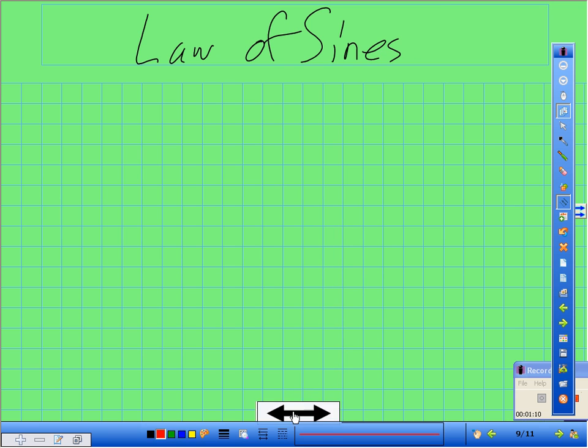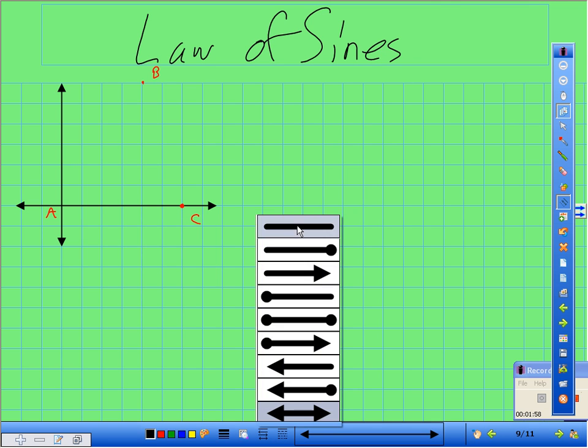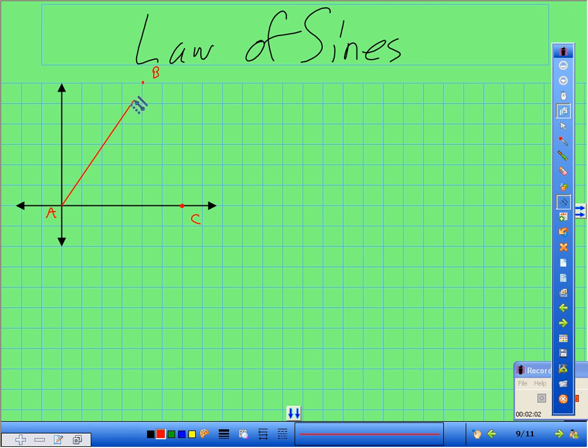So, I'm going to draw my axes here. Remember that I said I had 3 points, A, B, and C. I say this is A, and then I kind of arbitrarily place B. Now, when we did that, we drew our lines here, and then we labeled our sides with the angle opposite.